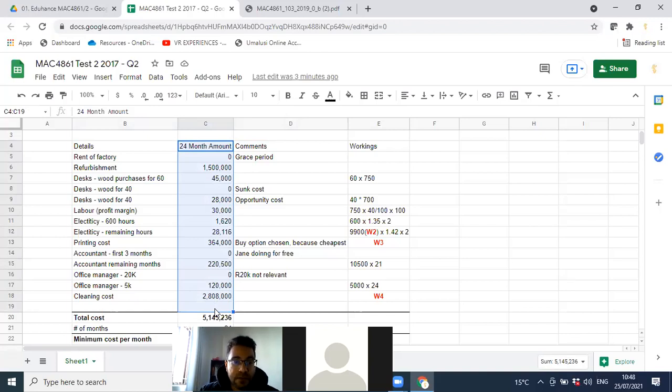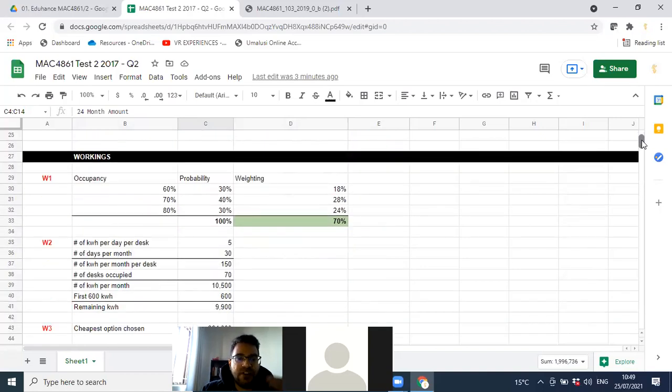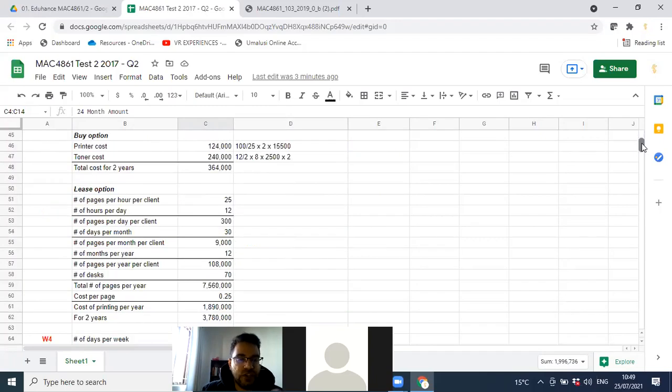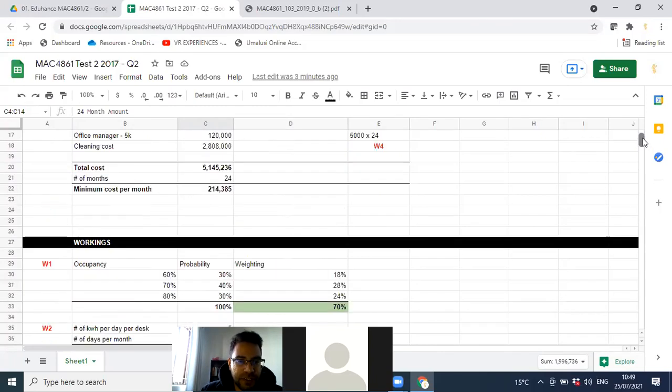So to get the correct monthly amount, we needed a 24-month amount, divided by 24. You can decide what you want, but you're going to have to get this right. Make sure you get this level of thinking right once you do these items. So just be aware of that.